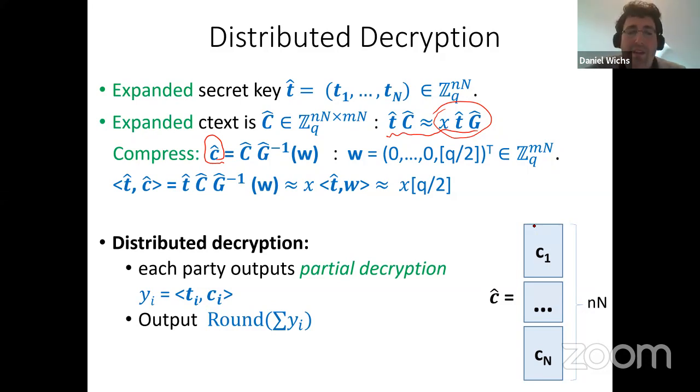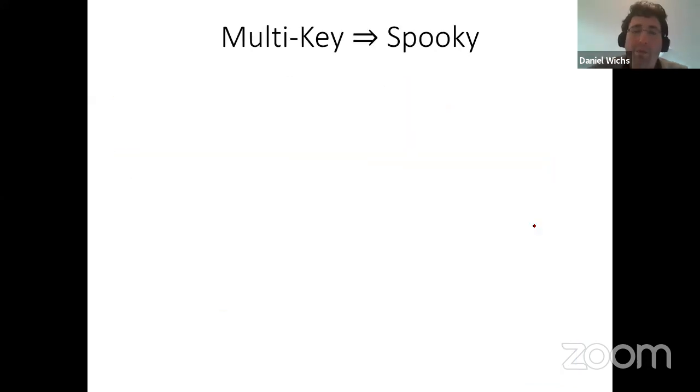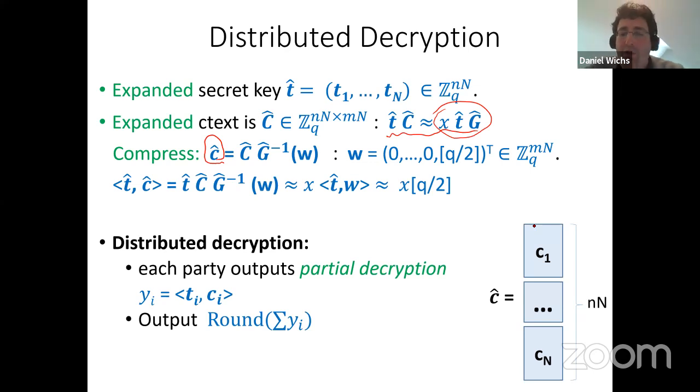Okay, so this is the distributed decryption procedure. Incredibly simple. It's just an inner product. Each party just does an inner product of its secret key with part of the ciphertext. So now if we want to go to spooky encryption, actually, if you look at the last slide, we're almost there.